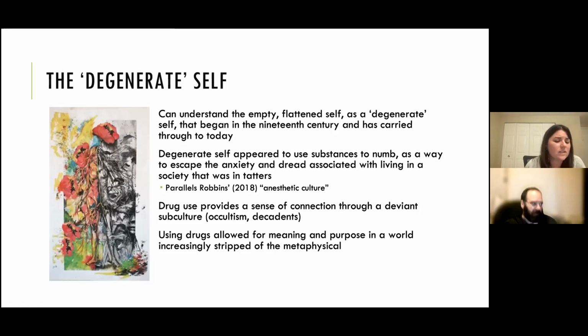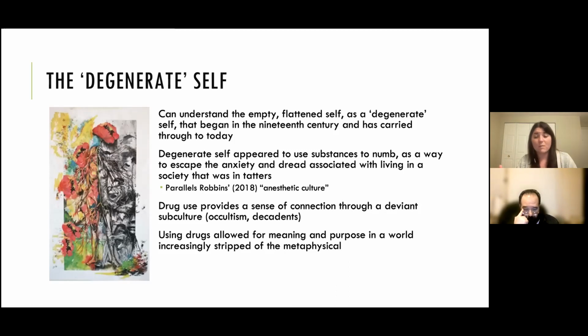Similar to how this empty self attempts to fill a sense of lack with drugs, and how this multiple flattened self attempts to use them as a way to impress, entertain, and avoid, the degenerate self, as we saw in the decadence, really seemed to use substances as a way to numb, as a way to escape the anxiety and dread associated with living in a society that's totally in tatters.